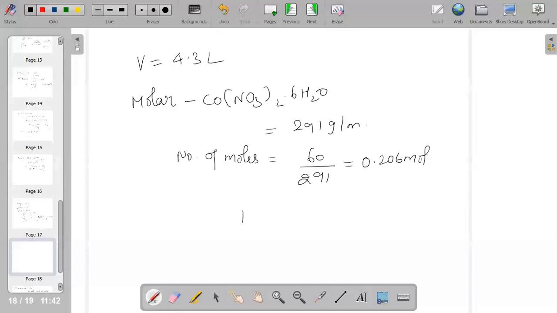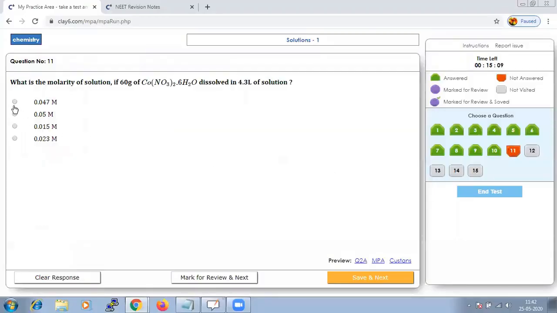Thus your molarity is equal to 0.206 divided by the volume, that is 4.3, which is 0.047 molarity. The answer should be 0.047, that is our A. Let us save that and go to next.